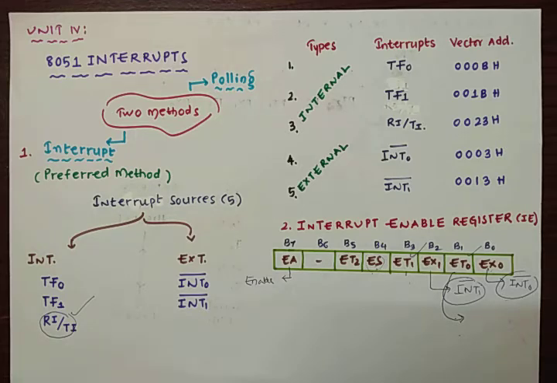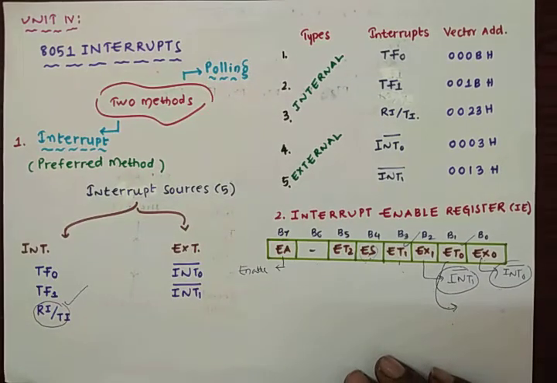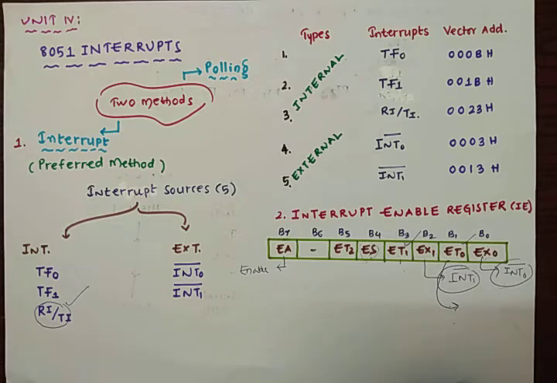When it is interfaced with the input-output devices, it can serve them in two ways. One is the polling method, another one is called the interrupt method.